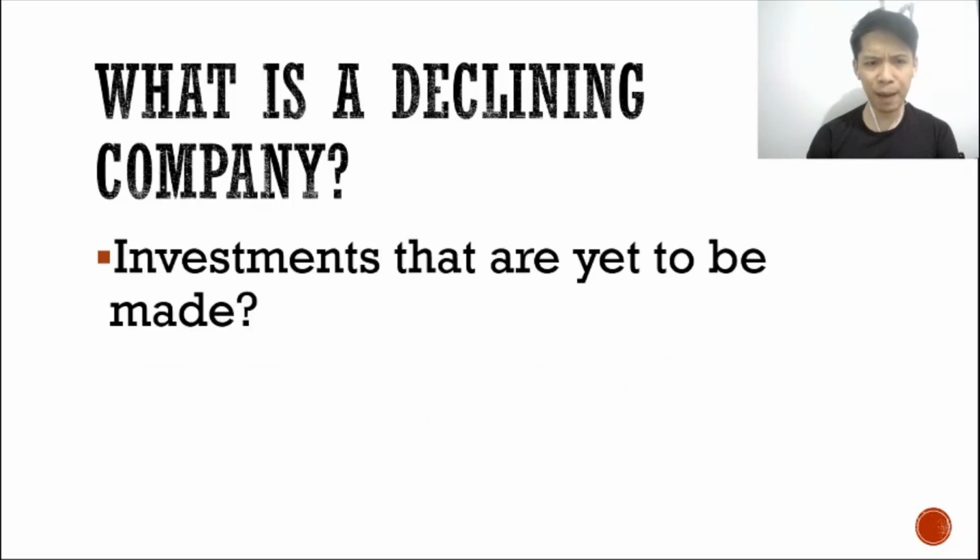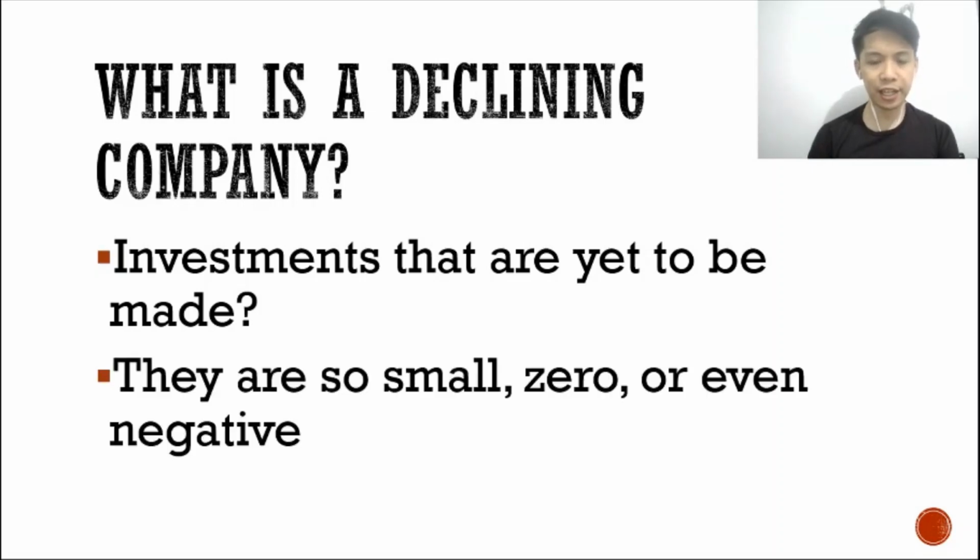So, what about the investments that are yet to be made? Recall we have what we call growth assets, those assets that are yet to be invested in. How are they being treated in a declining company valuation? Well, these are generally so small, maybe zero in value or even in negative value.